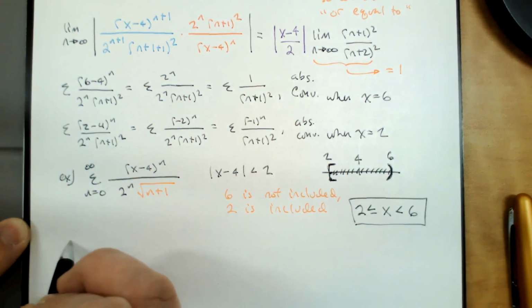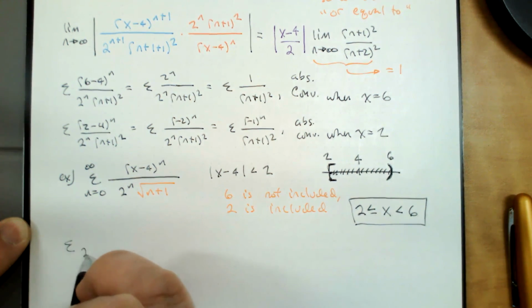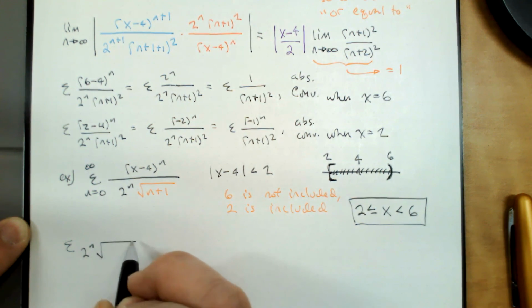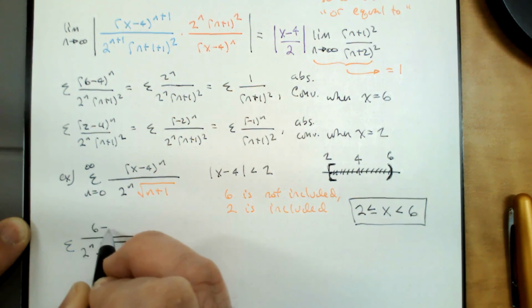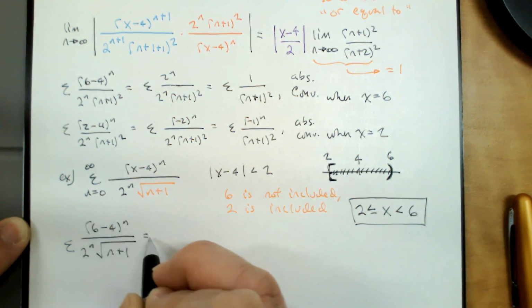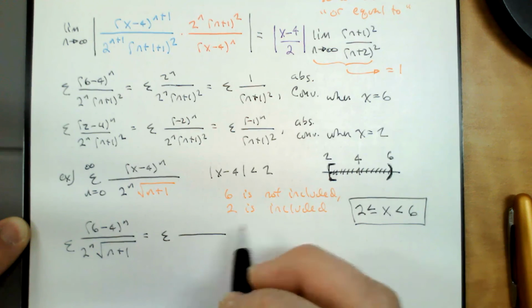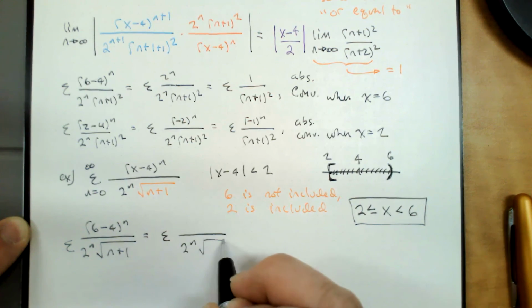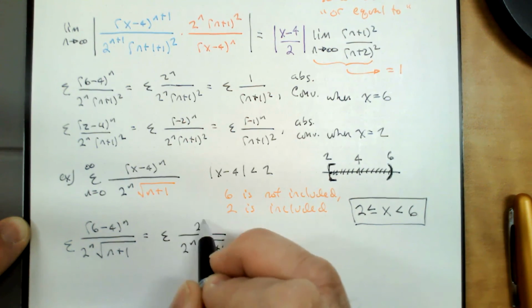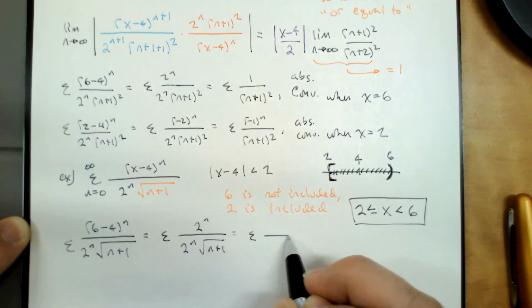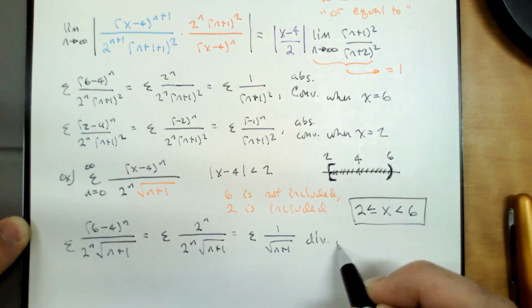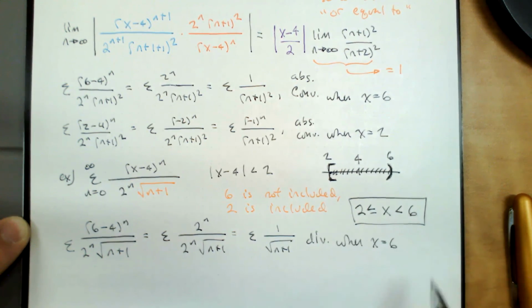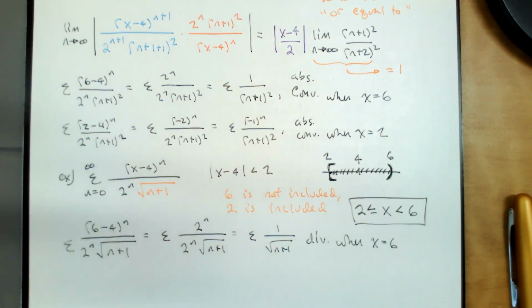So at x equals 6, we get the series 1 over square root n, that's divergent.